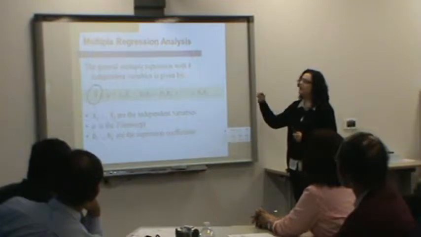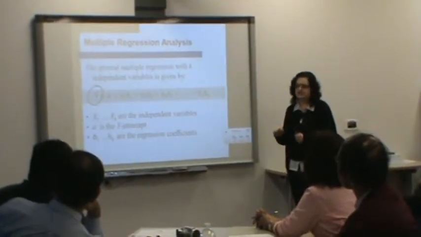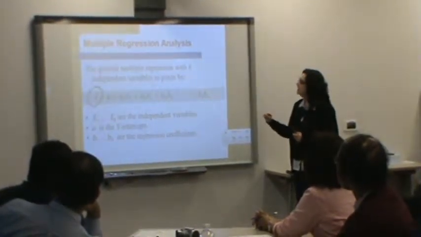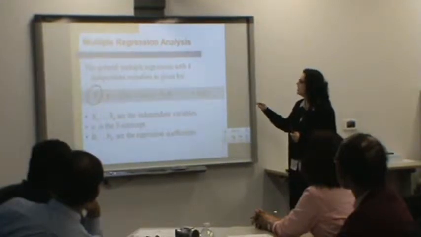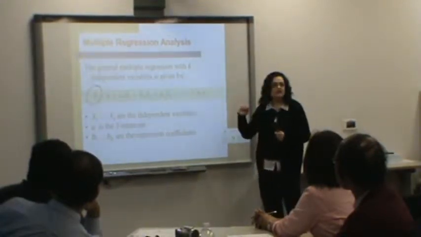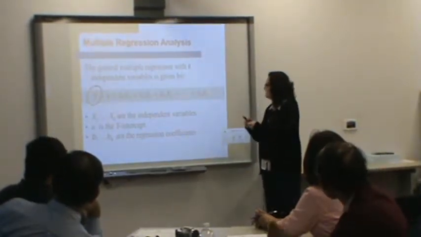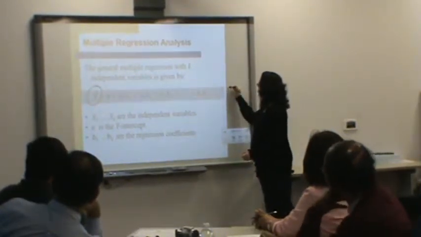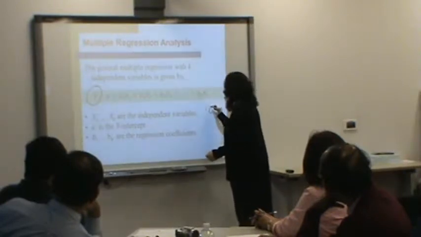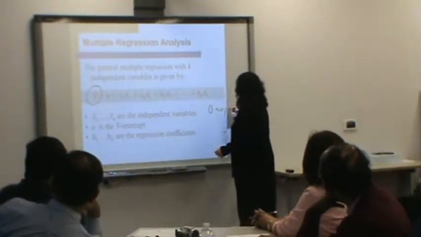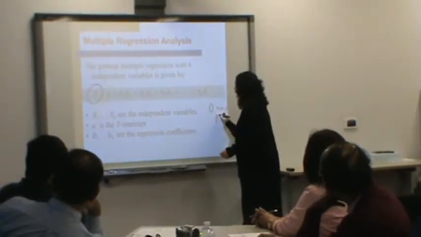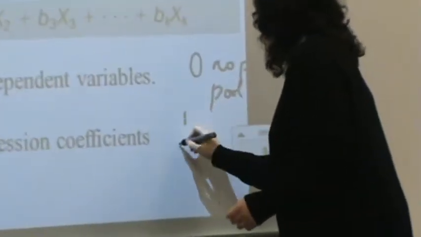For example, if you're trying to predict house prices, and you have a variable like the swimming pool, which is a qualitative variable, so if I say 0 is no pool, and 1 is pool.